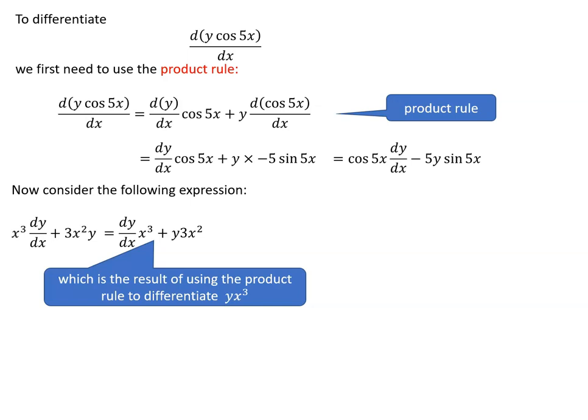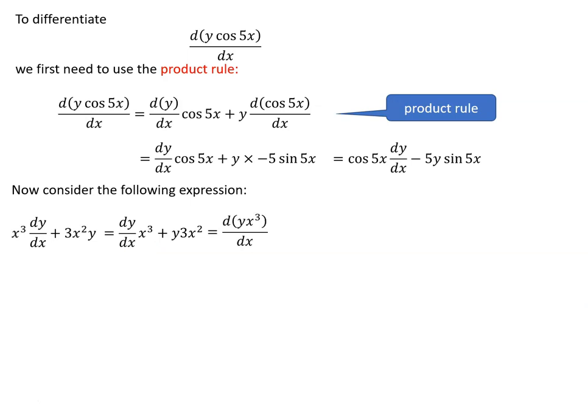So we can say that x cubed dy by dx plus 3x squared y is the same thing as the derivative with respect to x of y x cubed.